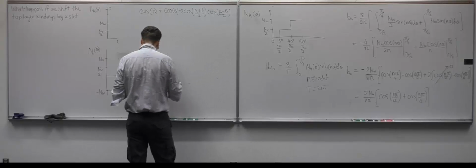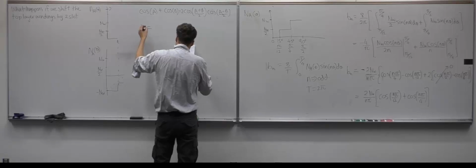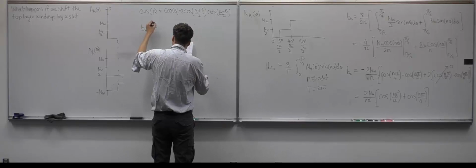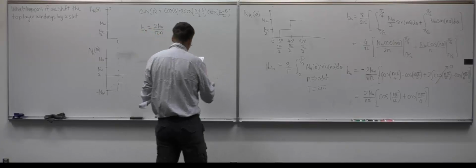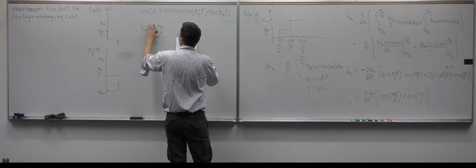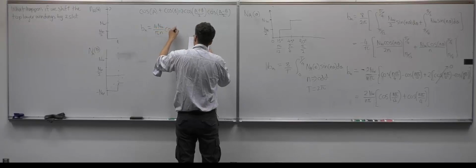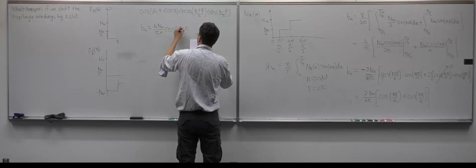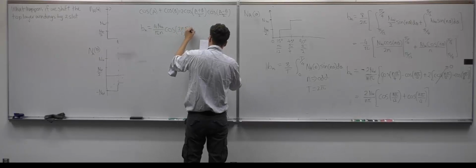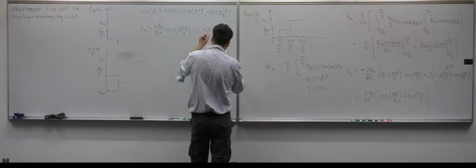Okay, so using that trig identity, we can reduce this down to Bn equals 2NW divided by pi n, and that becomes a 4 cosine 2n pi over 12 times cosine n pi over 12.